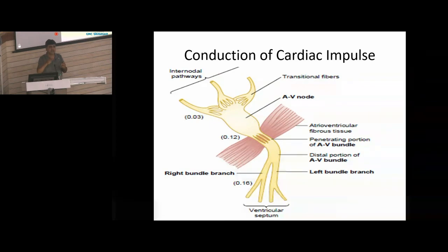Second, this quick, efficient and forceful contraction within minimum time is possible because of this fastest conducting tissue in the heart, that is Purkinje system.